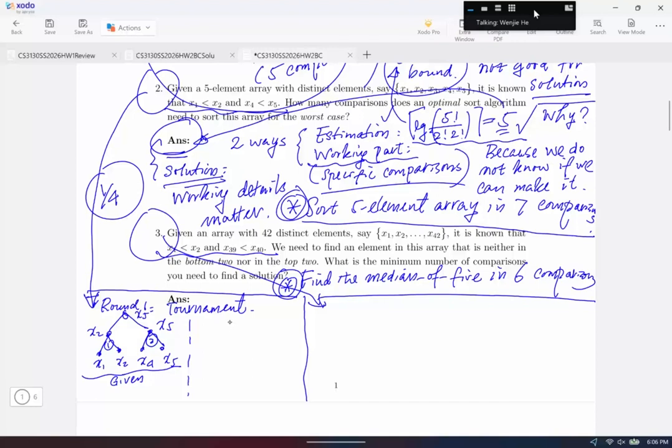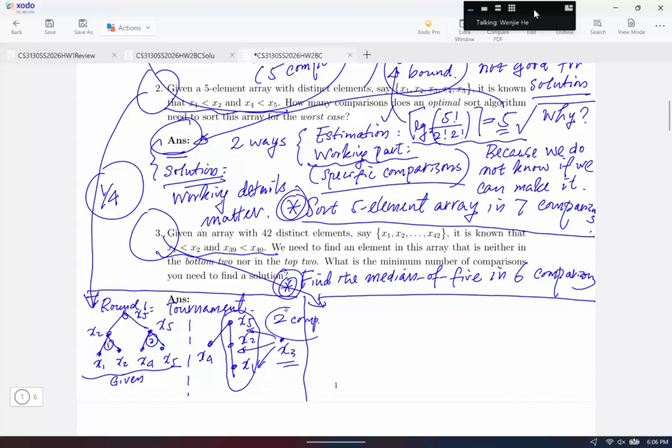Then round 2, we draw the diagram. We have the longest ordered chain, x5, x2, x1, x4. This is the longest ordered chain. Then there is the x3 element, so we do the binary insertion, 2 more comparisons.